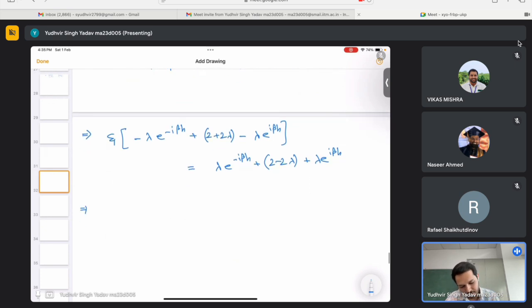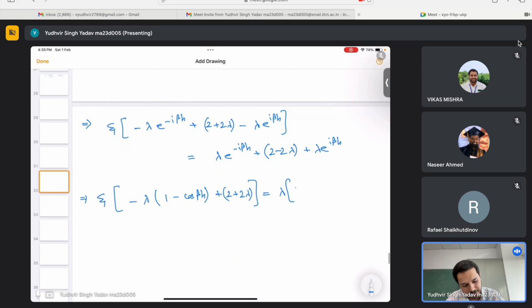Here we will use again the trigonometric identities: on the left, it will be 2 + 2λ(1 − cos βh), and on the right-hand side, 2 − 2λ(1 − cos βh).